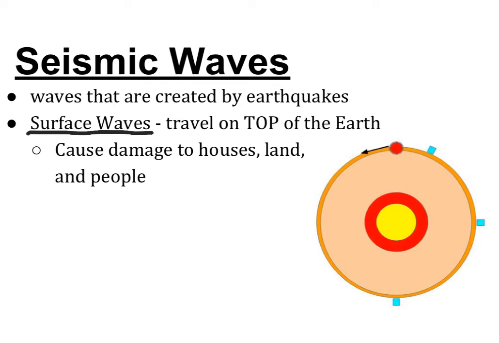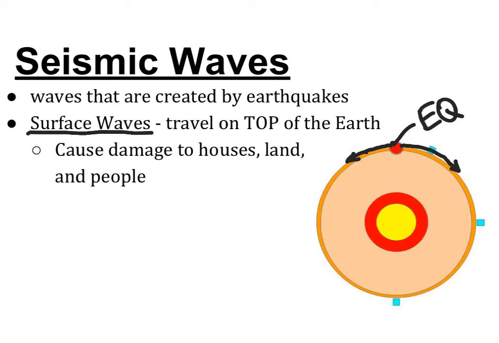So surface waves, these are the things that, for example, in the picture here on the right-hand side of the slide, if the earthquake takes place right here, I'll abbreviate it EQ for earthquake, then those surface waves are going to travel on the surface of the earth.